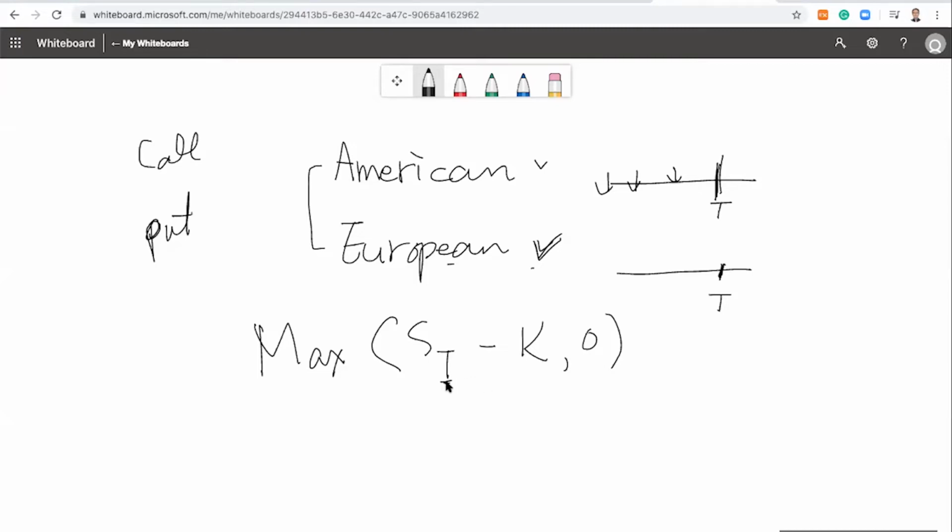So here is T. If I draw the current situation with the numbers, the current stock price is 50, and then it can go up to 100, or it can go down to $25.